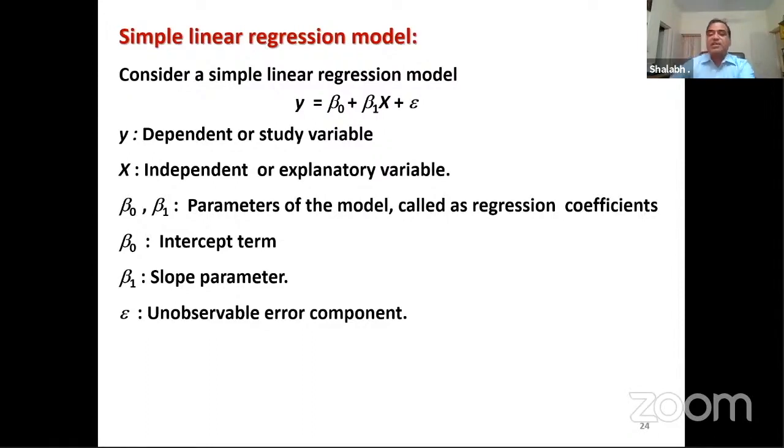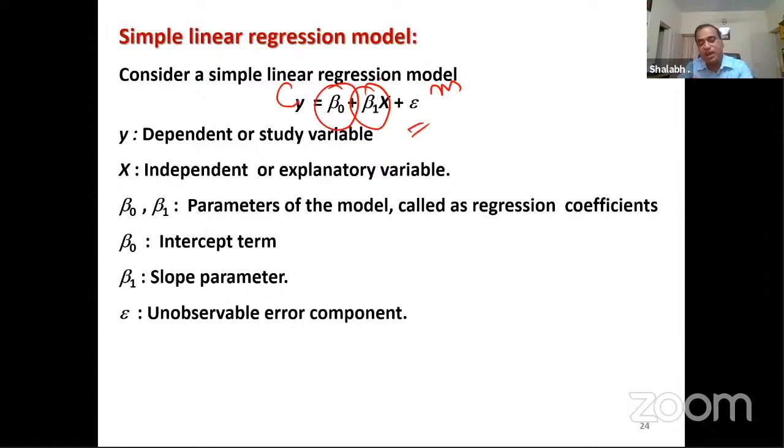Why? Because in statistics there is an understanding that whenever we write down the parameters of the model, they are usually written in Greek letters, and the variables are usually written in Latin alphabets, that is A, B, C, D, etc. So if you compare it with y equal to mx plus c, beta 1 is like m, beta 0 is like c, and epsilon is the random error component.